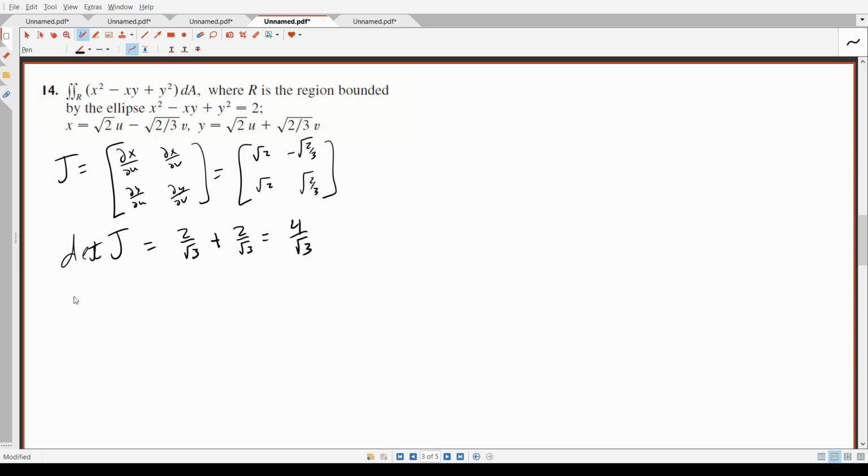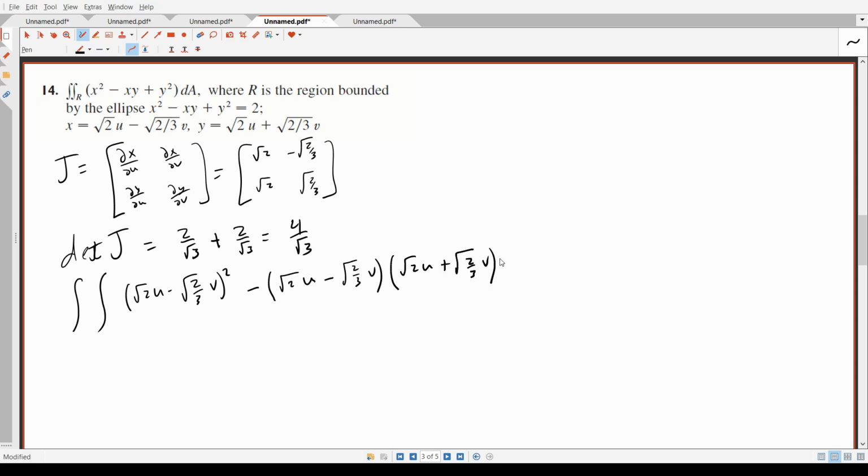Okay, so now I can write my integral. I'll need to figure out the bounds, but I can start with this. So I have x squared, so that's root 2u minus root 2 over 3v squared, minus x times y, that's this, plus y squared.